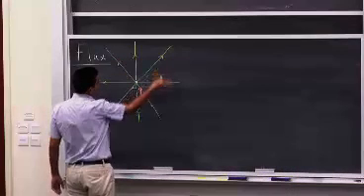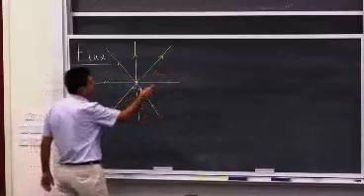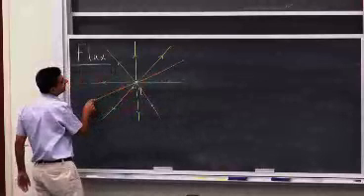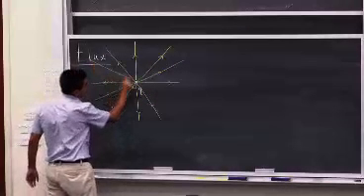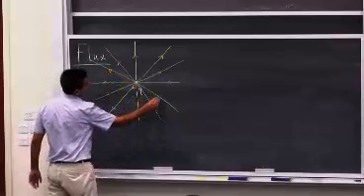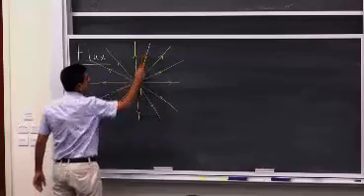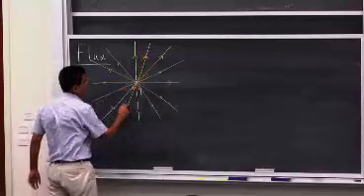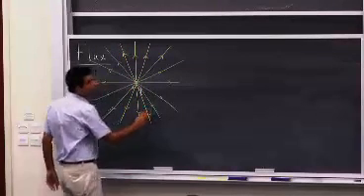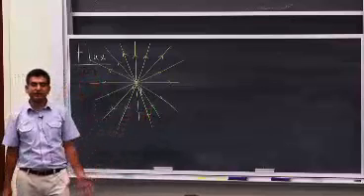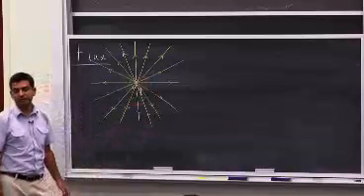These arrows show the direction of the electric field. And so on. So how could I predict the magnitude of the electric field by looking at this electric field pattern?